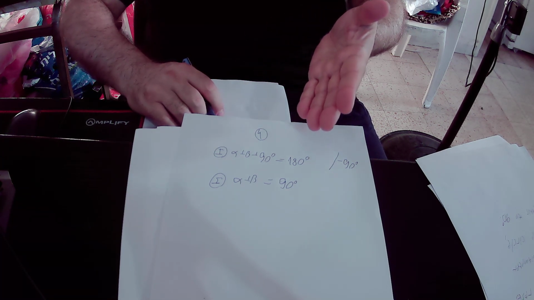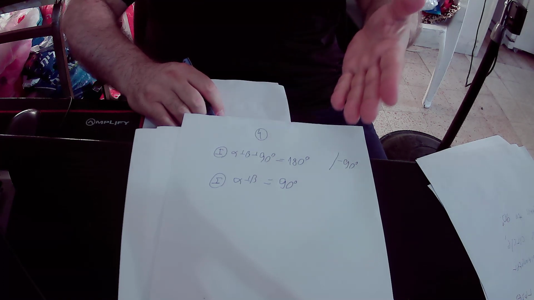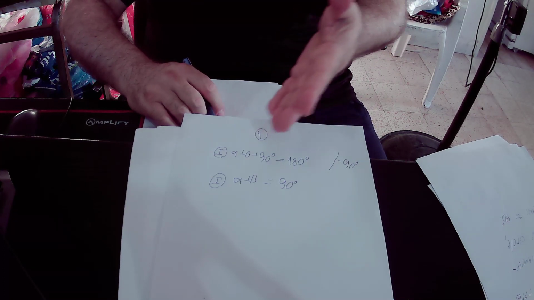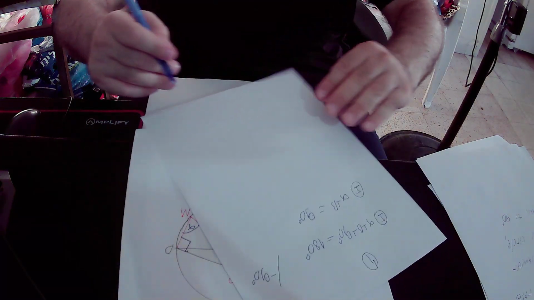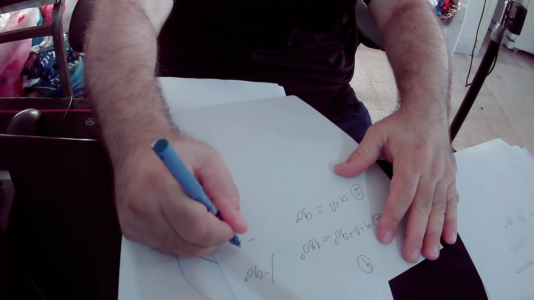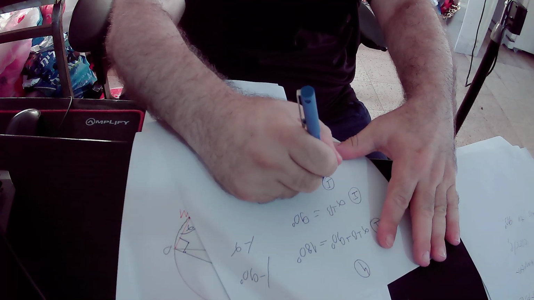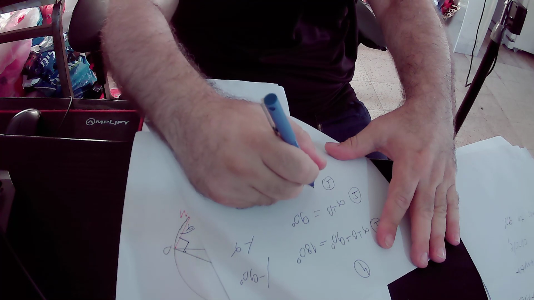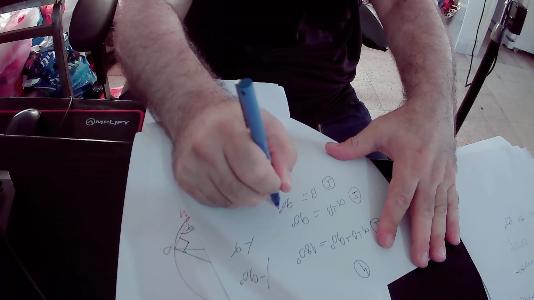Now we'll subtract alpha from both sides of the equation. We will get that beta equals 90 degrees minus alpha.